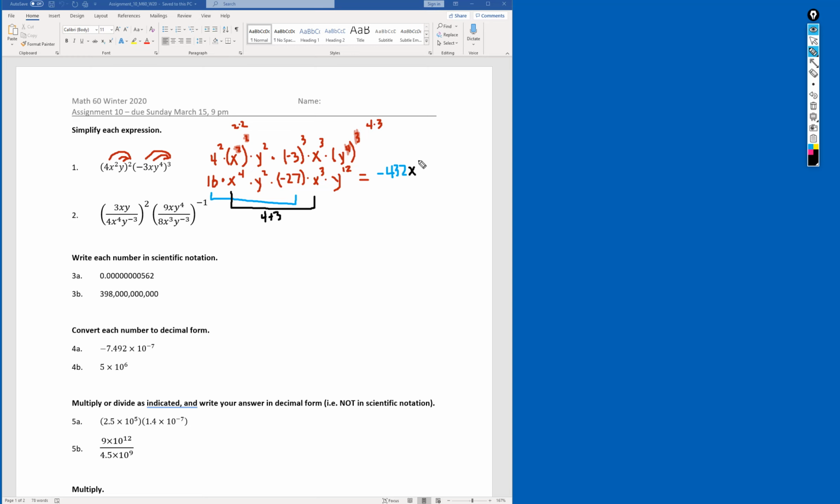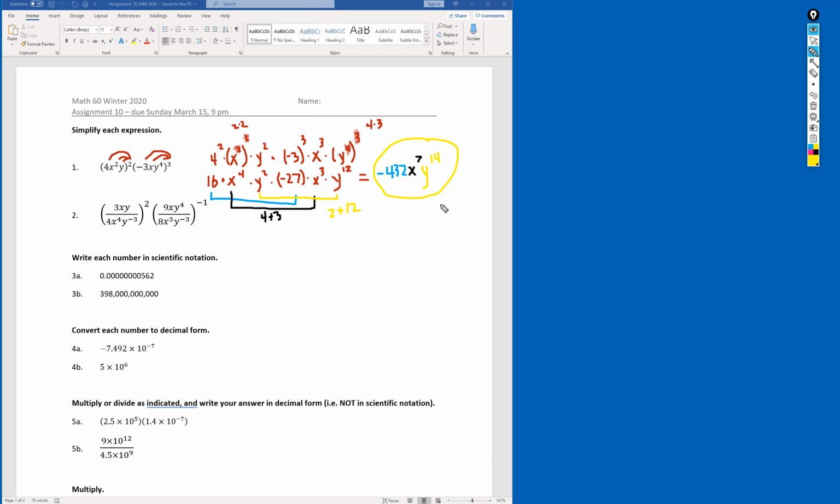So negative 432, x to the 7, and then same thing with the y's. Here we've got y squared and y to the 12th. So just add the exponents. We have a total of 14 y's, y to the 14. So that is your final answer: negative 432, x to the 7, y to the 14.